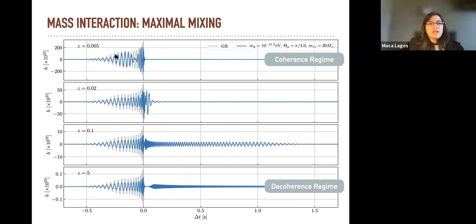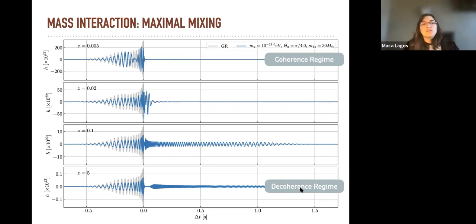So in the first panel, when the signal has been propagating for a short amount of time, well, cosmologically short, then you obtain one kind of distorted signal, but it is one signal. When this happens, we say that we are in the coherence regime. But in the bottom panel, when the signal has been propagating for a long time, you do see two separate signals. And when we have something like that, we say that we are in the decoherence regime.